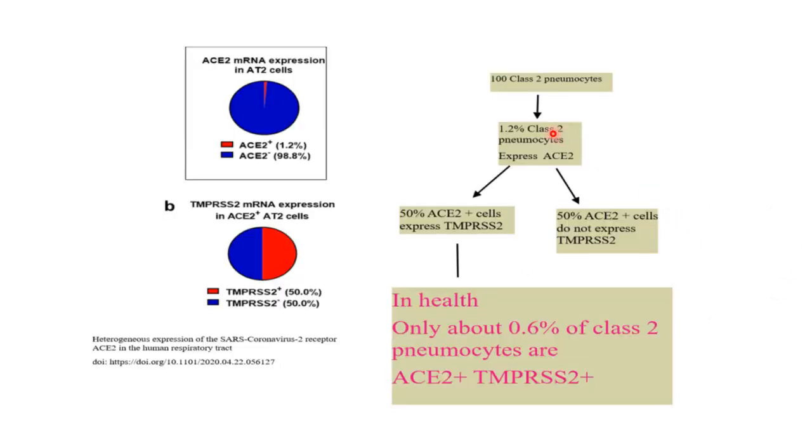When we do the calculation, 1.2% to start with, only 50% are going to express TMPRSS2. That means in health, only about 0.6% of type 2 pneumocytes are ACE2 positive and TMPRSS2 positive. So there are only 0.6% that are double positive.